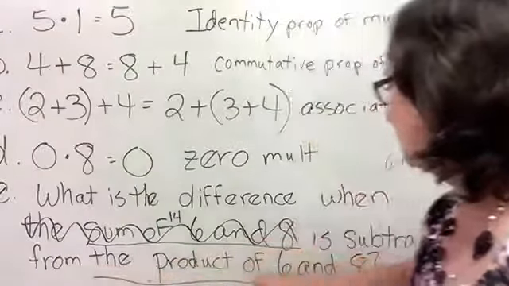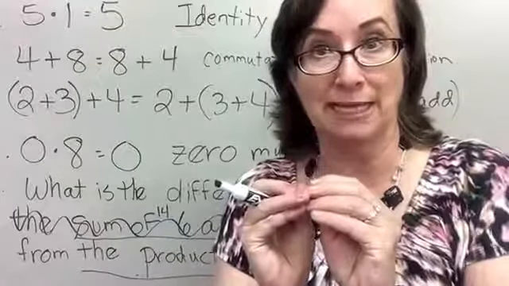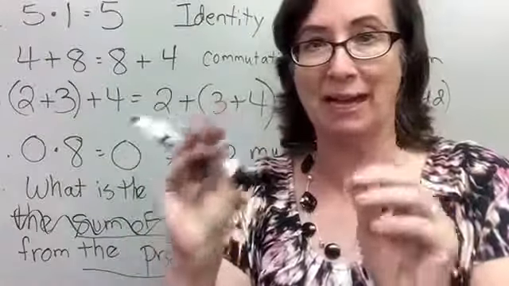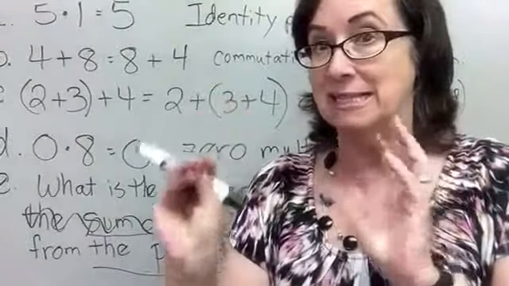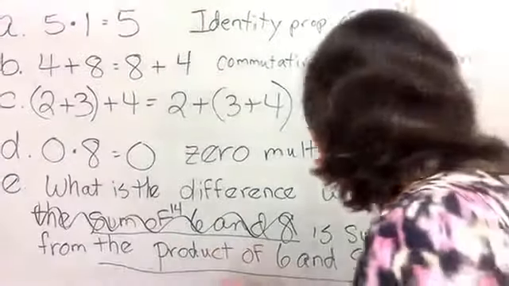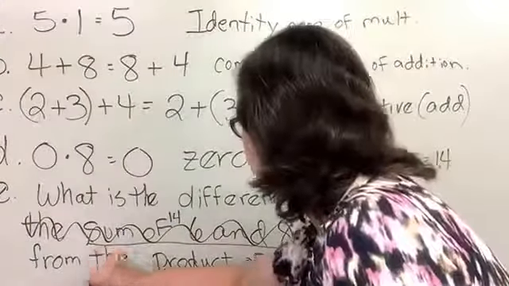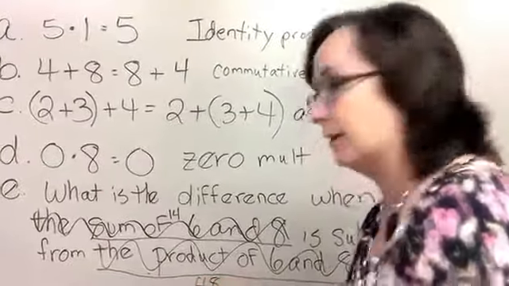What is the product? That's when we multiply two things together, right? And those two items we multiply together are called factors. And so 6 times 8 is 48. So we're going to take this out and put 48 here.